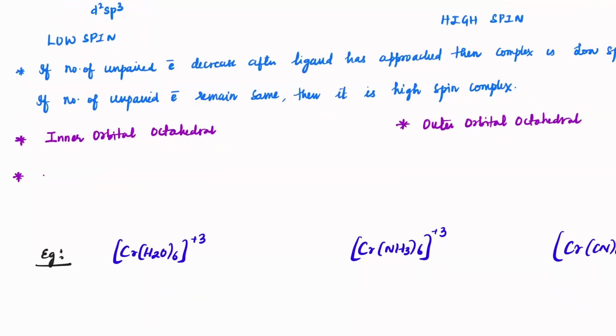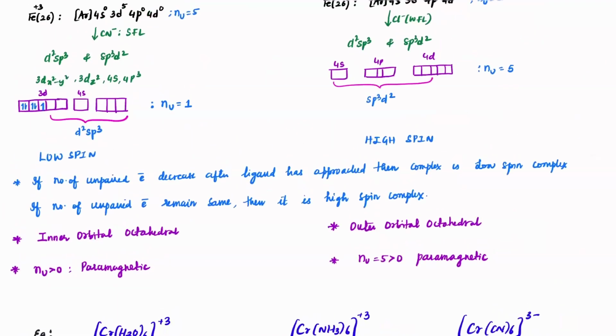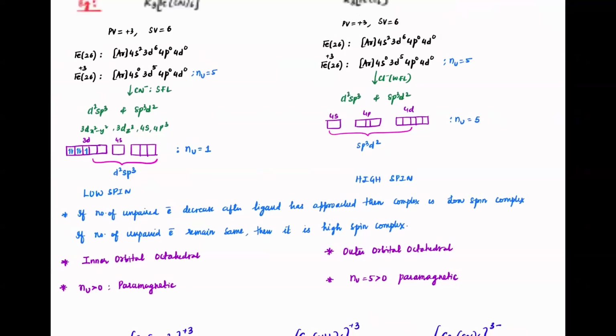Lastly, because the number of unpaired electrons is greater than 0, this remains paramagnetic. This is a paramagnetic complex. Here, the number of unpaired electrons is 5, which is still greater than 0, so that remains paramagnetic. So the only property which is very similar is paramagnetic nature. Other than that, all other factors are different.